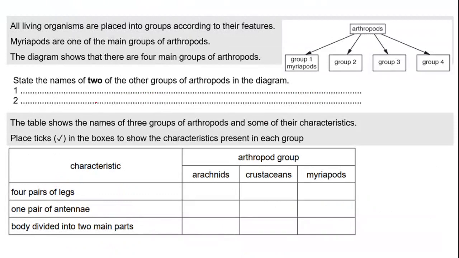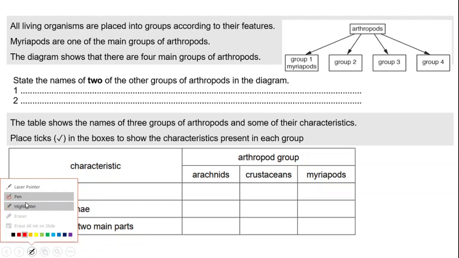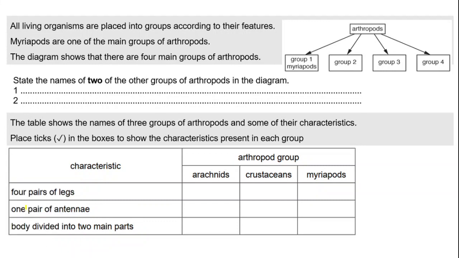Okay, this is another question here. You can see all living organisms are placed into groups according to their features. Myriapods are one of the main groups of arthropods.